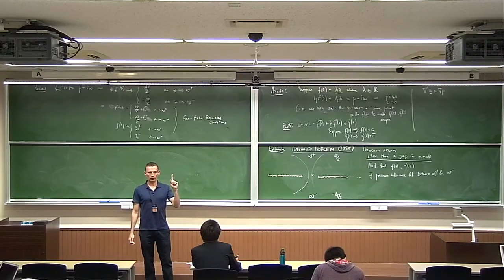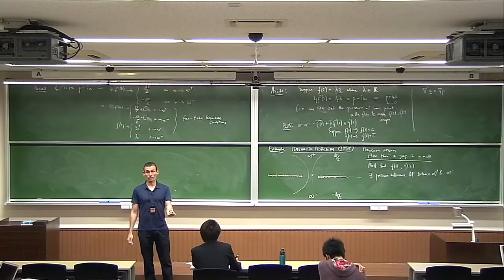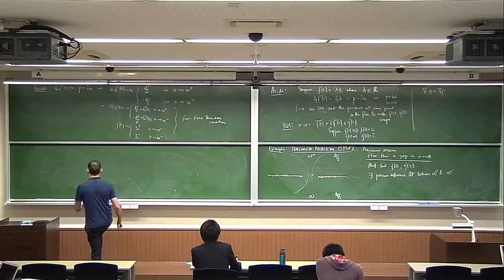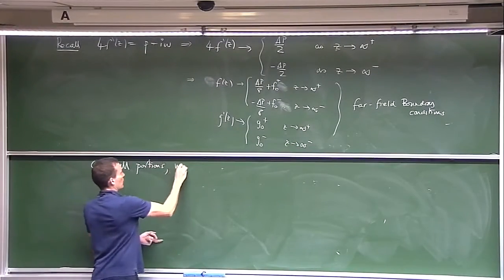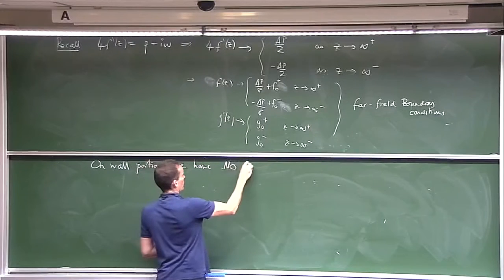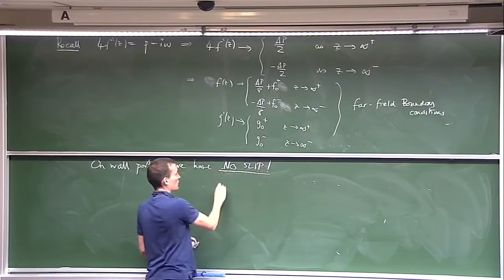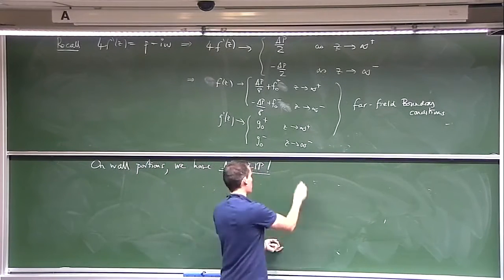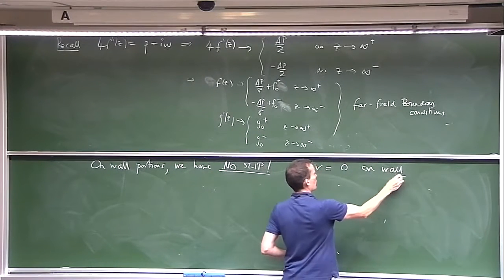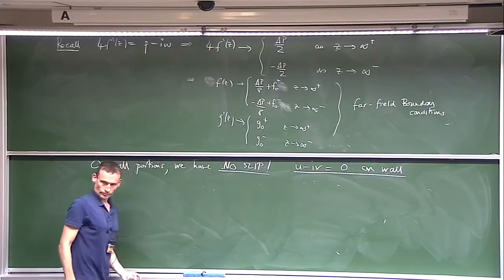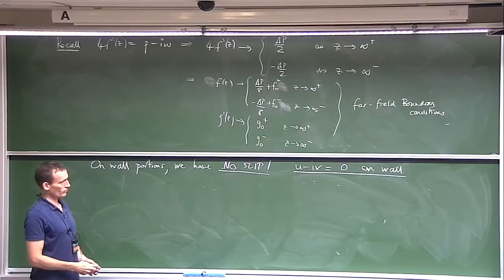No slip. Viscous fluids cannot slip on solid surfaces. So on the wall portions, we have no slip, and that means u minus iv is 0.